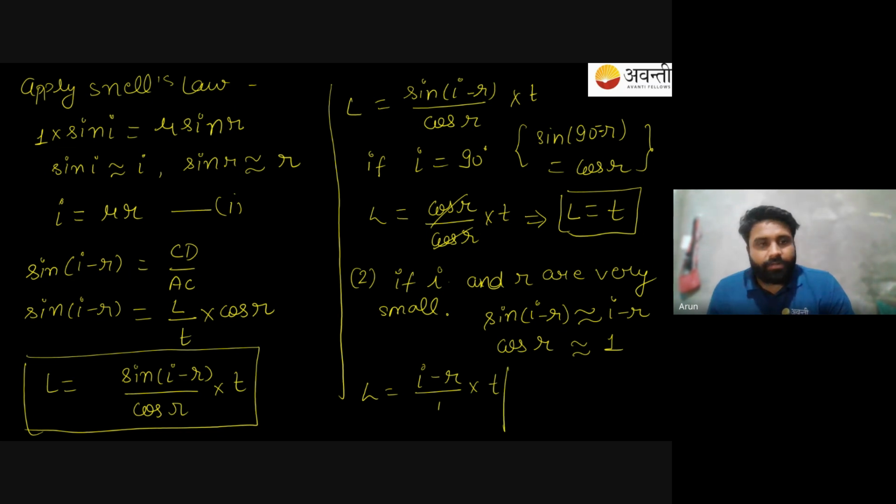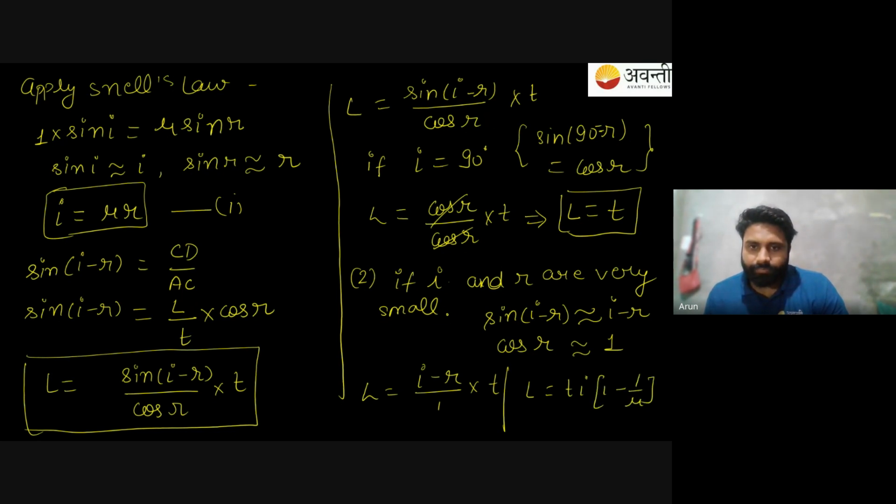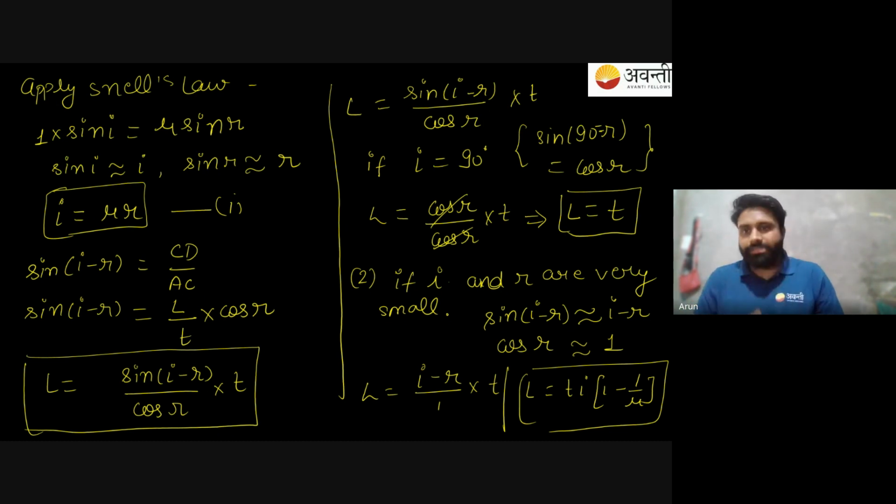From Snell's law, we have a relation: i is nothing but mu r. So we put the value of r equals i by mu. What do we get? L equals T i times (1 minus 1 upon mu). Why have we put the value of r and not i? Because i is known to us, we can control the angle of incidence.